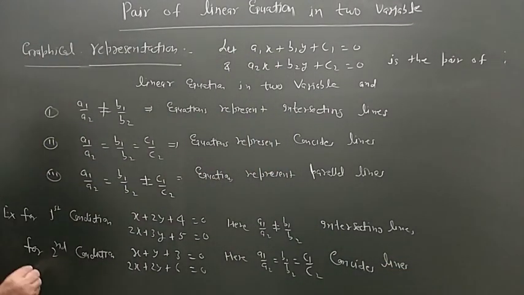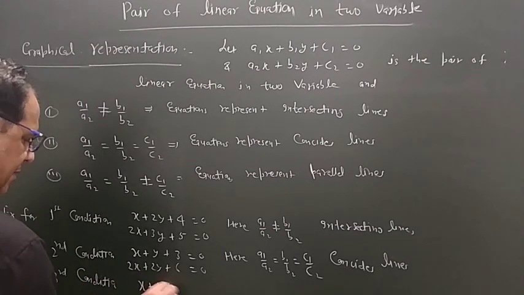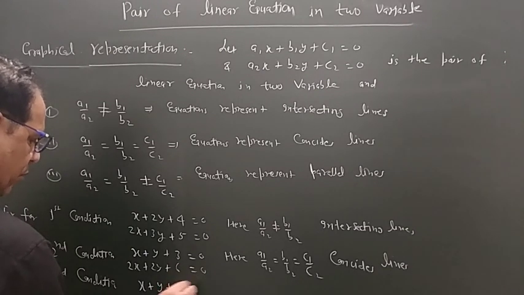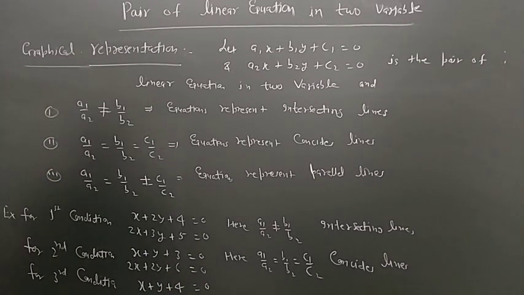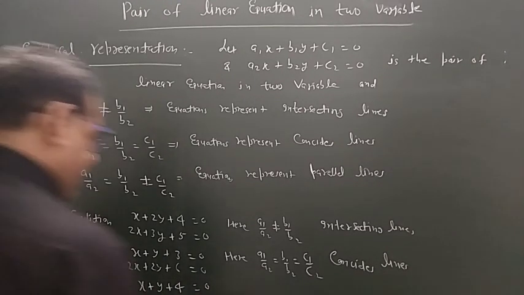And for the third condition, x plus y plus 4 equal to 0, 3x plus 3y plus 7 equal to 0.